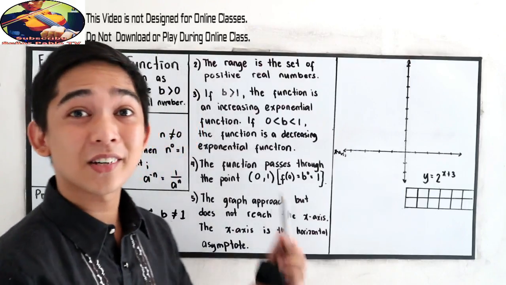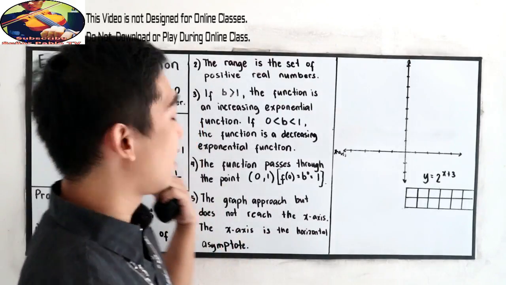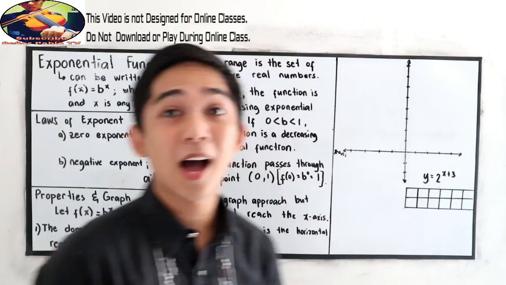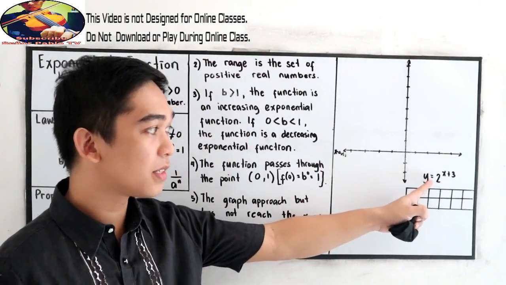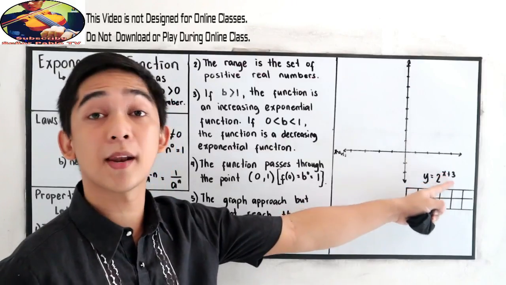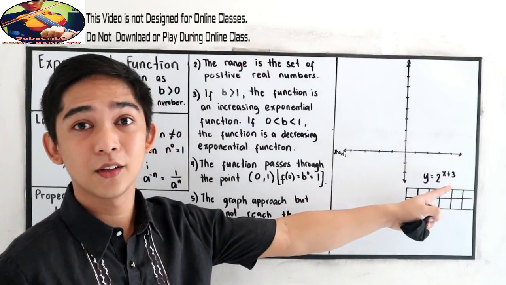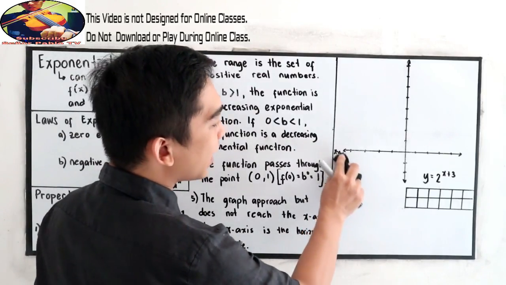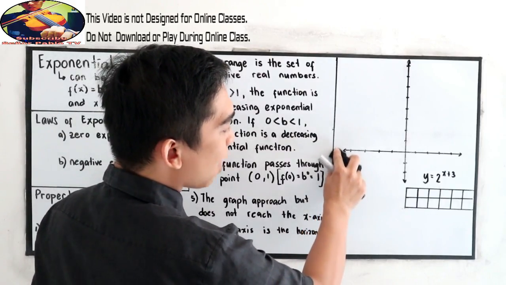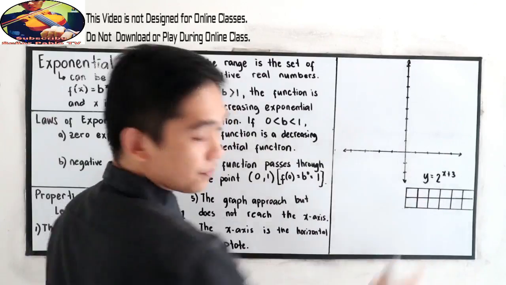Okay, to better understand these properties, let's apply them using the problem here. y = 2^(x+1). We're going to find first our table of values.